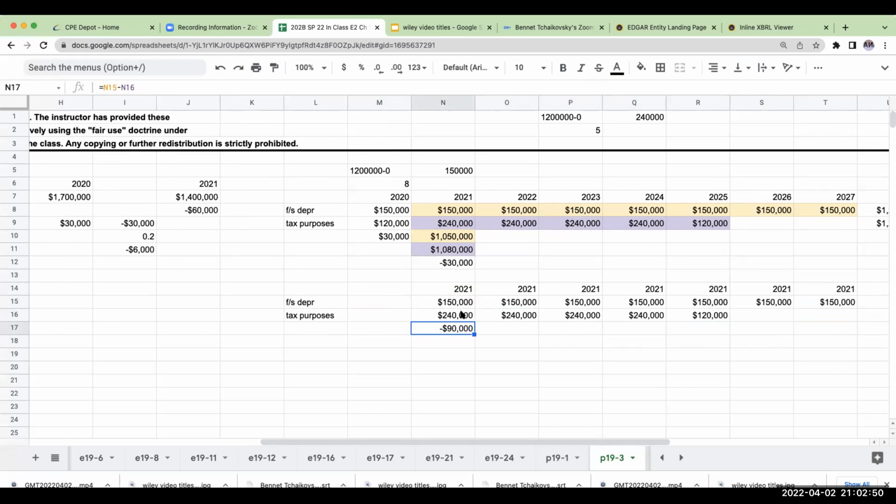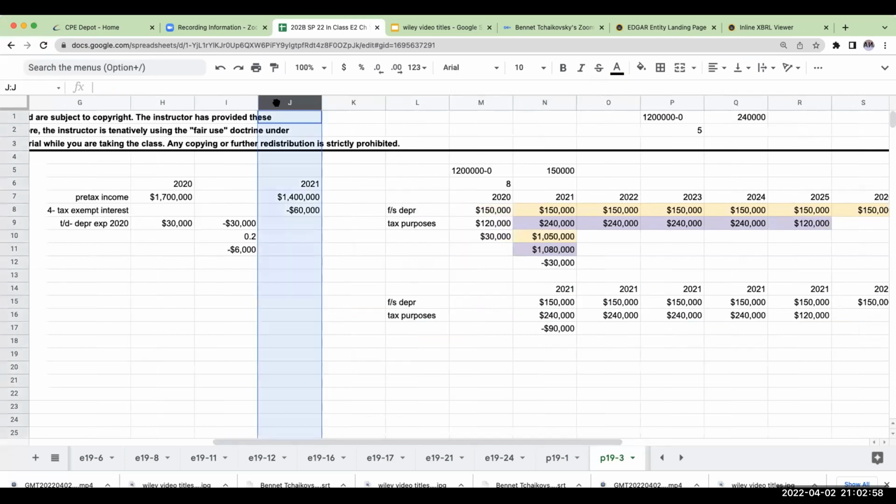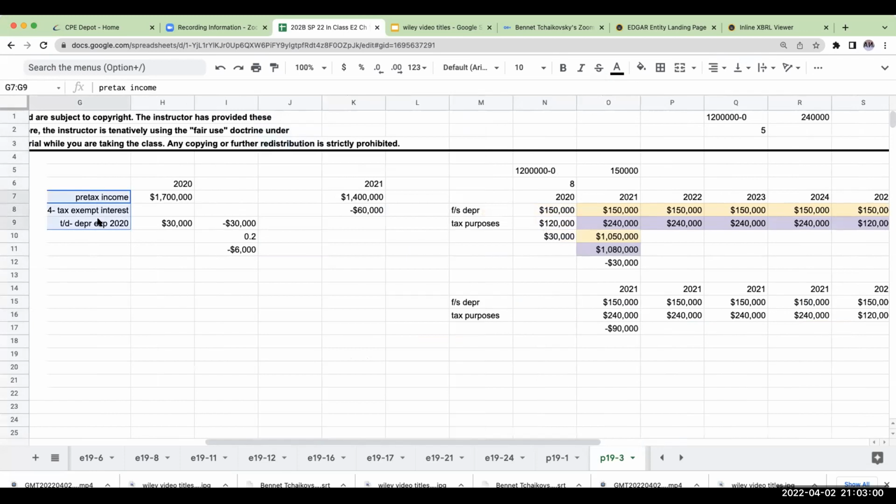I'm taking 240 for tax purposes, but I only took 150 for financial statement purposes. So I'm going to be able to take another $90,000 deduction.